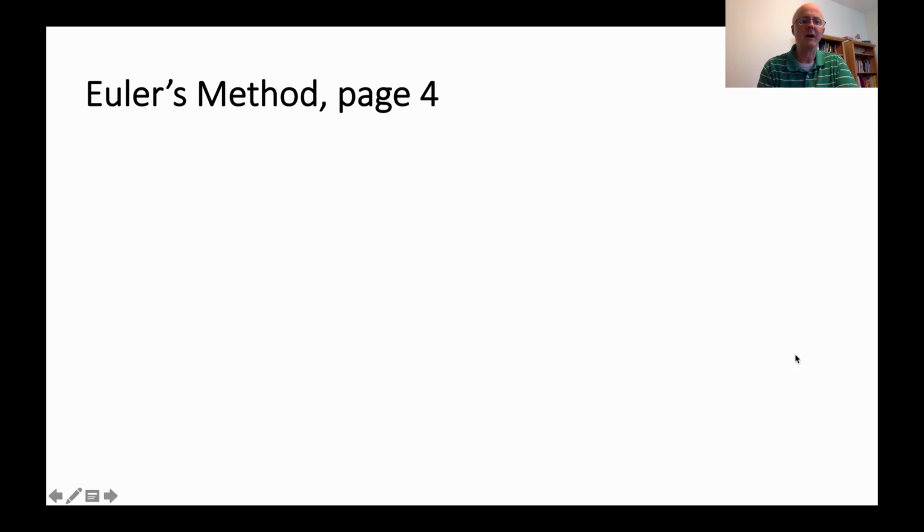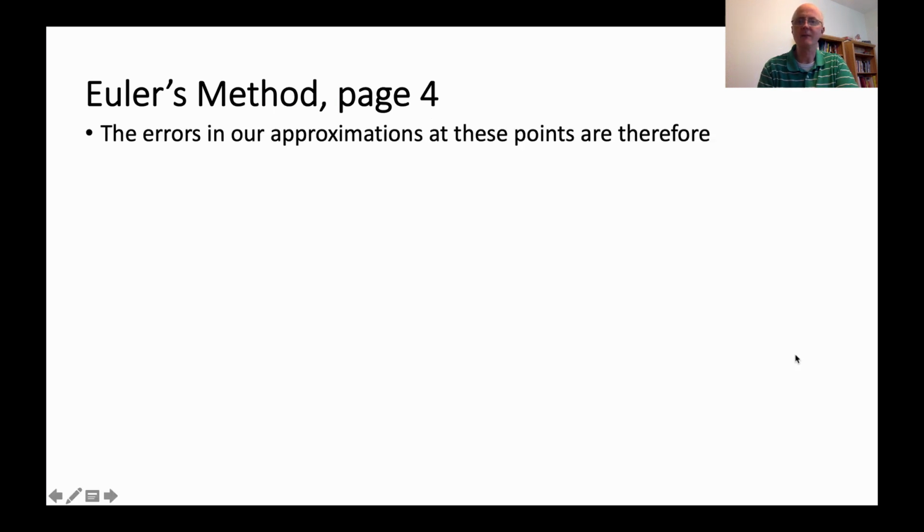What are the actual errors in the approximations? Well, errors are always exact. I always think of it as actual value minus approximate value. That goes in alphabetical order. That's the way I remember that. Actual minus approximate. So the actual values are the phi values. The approximate values are the w values. So the error at step 0, at the initial condition, is 0: y0 minus w0, 0.